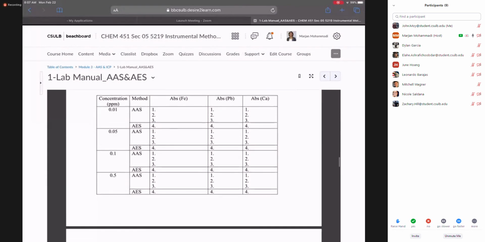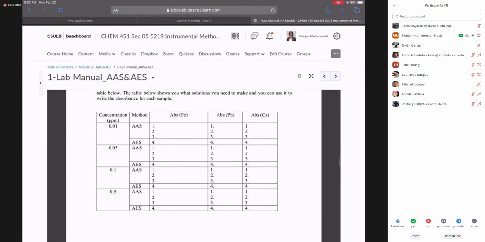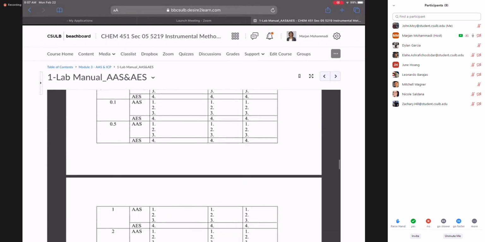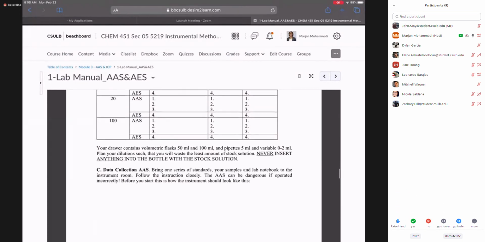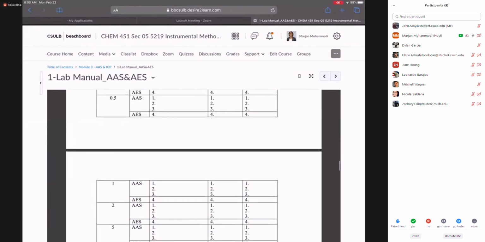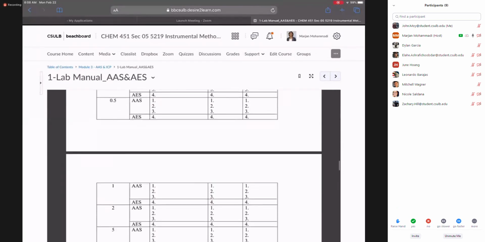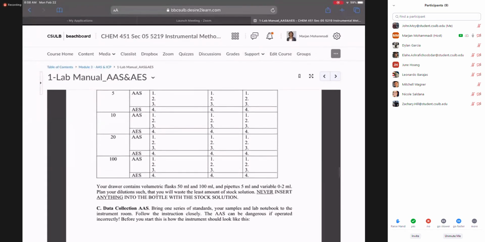So the setup was easy, and we are going to read all those ppm concentrations for 3 elements, 3 metals. You see right here, Fe, Pb, and Ca, the most common metals we are going to find in the tooth sample. So the range is from 0.01 to 100 ppm.